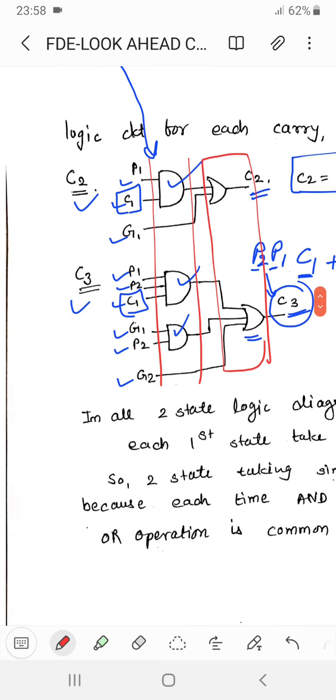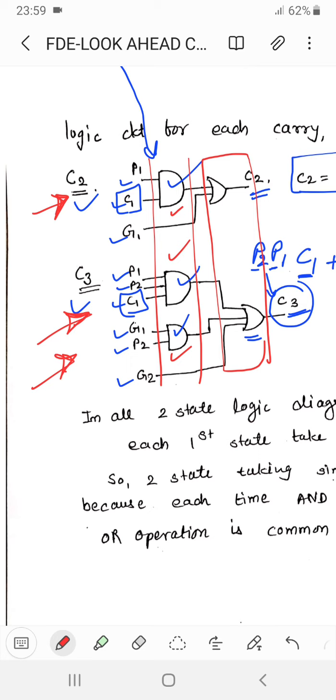So simultaneously we can find C2, at the same time we can find C3, and at the same time we can find C4, because the AND operation of each and every carry is done at a time, and the OR operation is also done at a time. So we are not waiting for the previous carry to be found before finding the next carry.